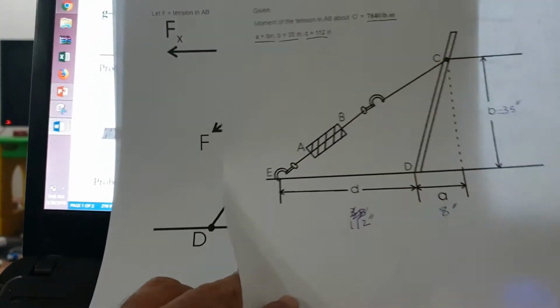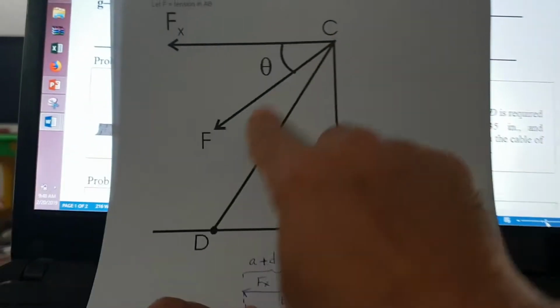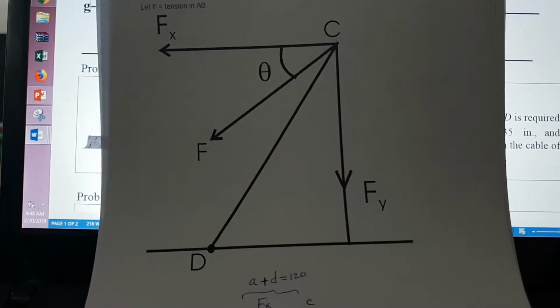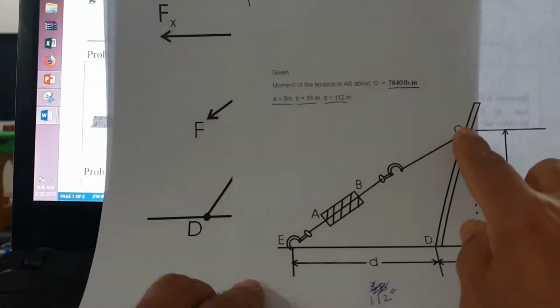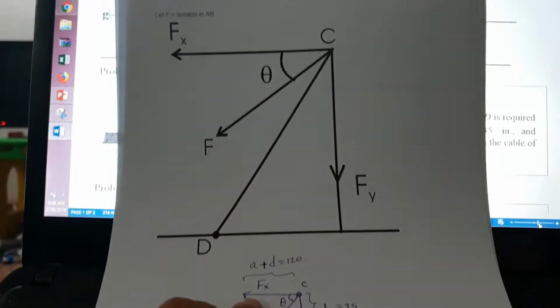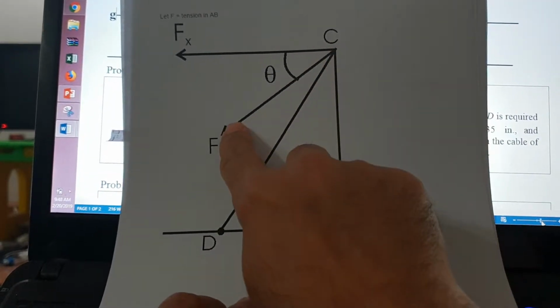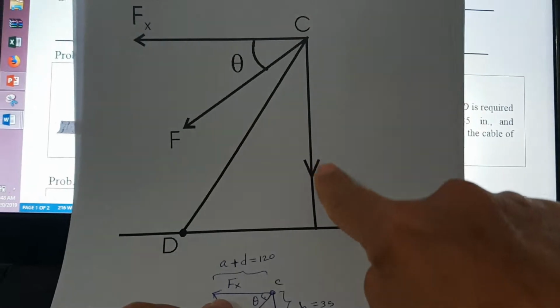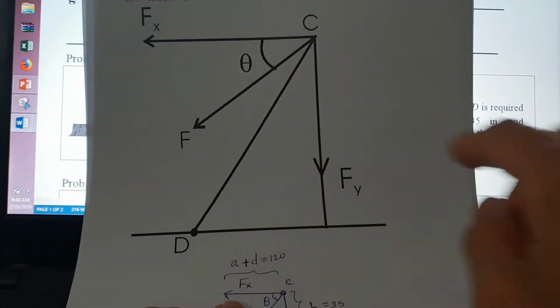Let's call it force F, and let's call this angle theta, the angle it makes with the x-axis. So this is the force F, this is Fx, angle theta, and this is Fy, vertical, and this is the bar CD.